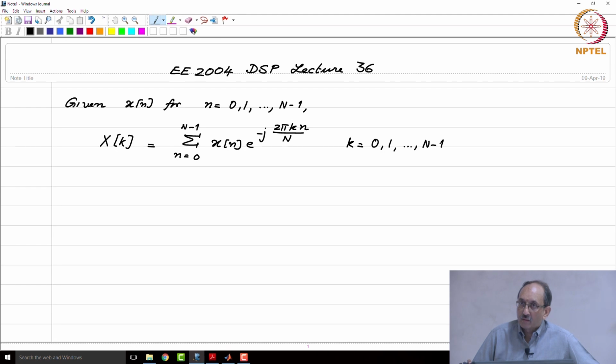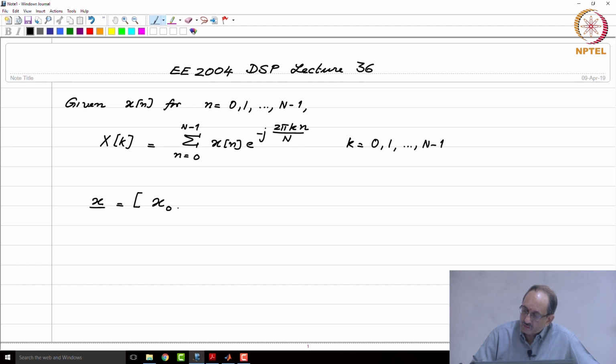compact matrix vector notation. So, let us define the column vector x, little x, which will be shown as boldface in typed or in printed work. So, in handwritten work we use an underscore here.